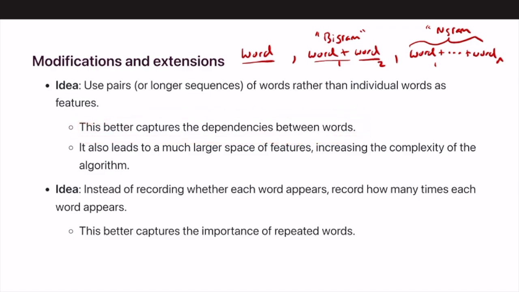Because I believe it was somebody named Firth who said that, how did the quote go?